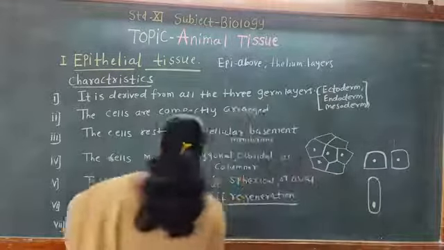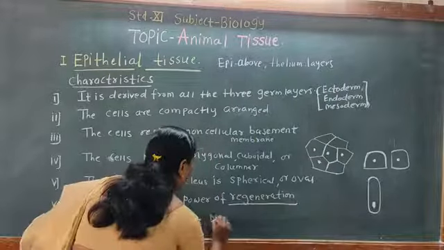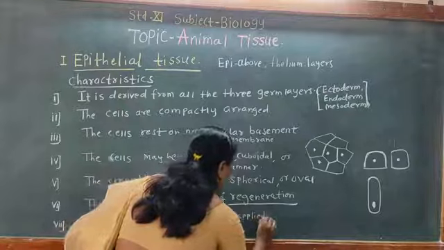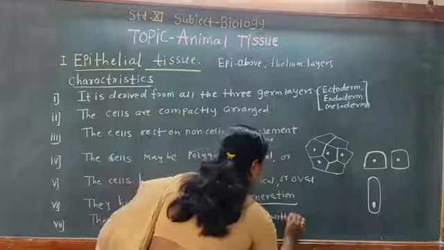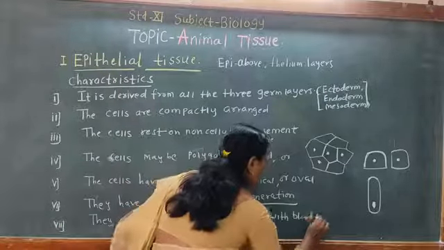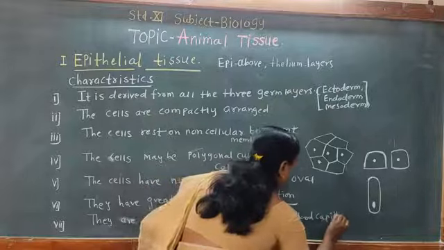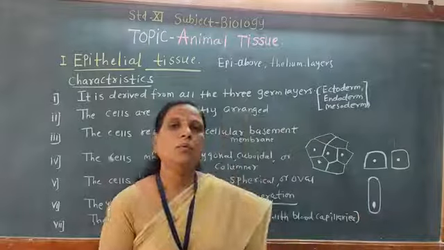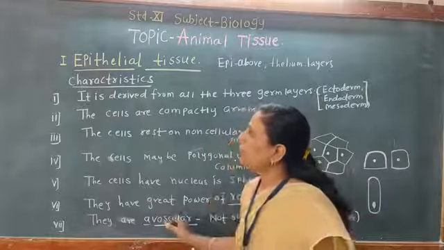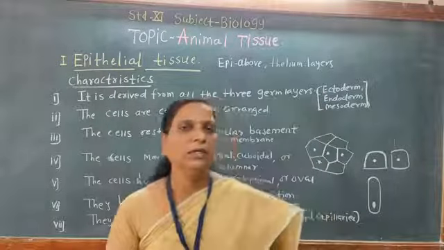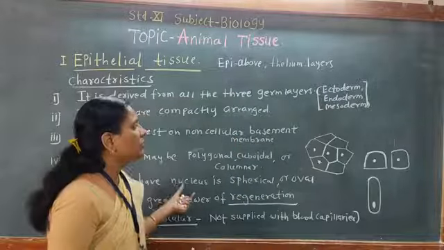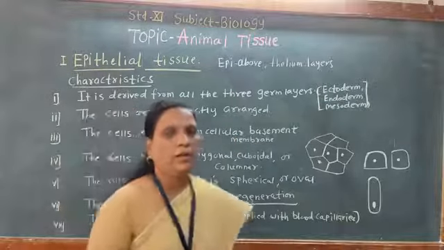So remember the meaning of the word avascular: not supplied with blood vessels or blood capillaries. So this tissue is avascular in nature. So these are the different characteristics of the epithelial tissue.